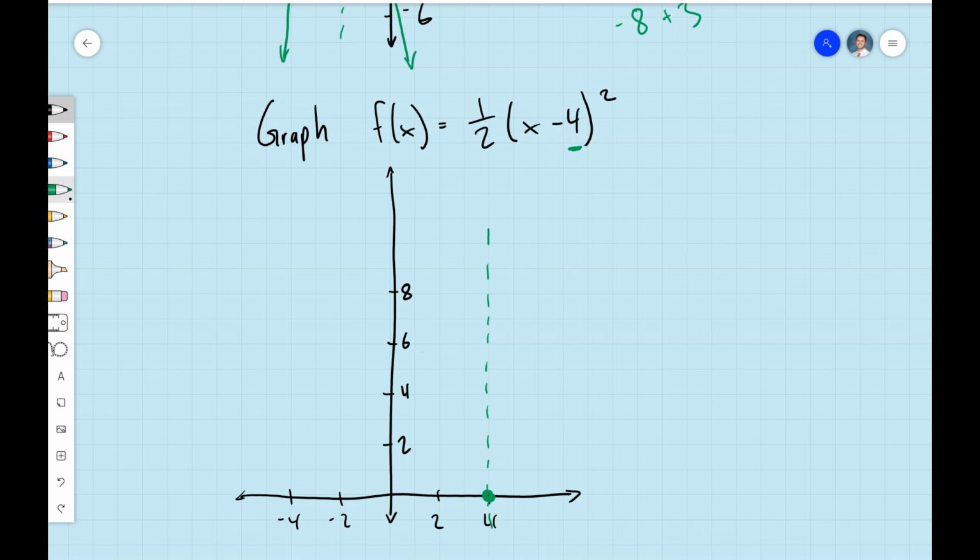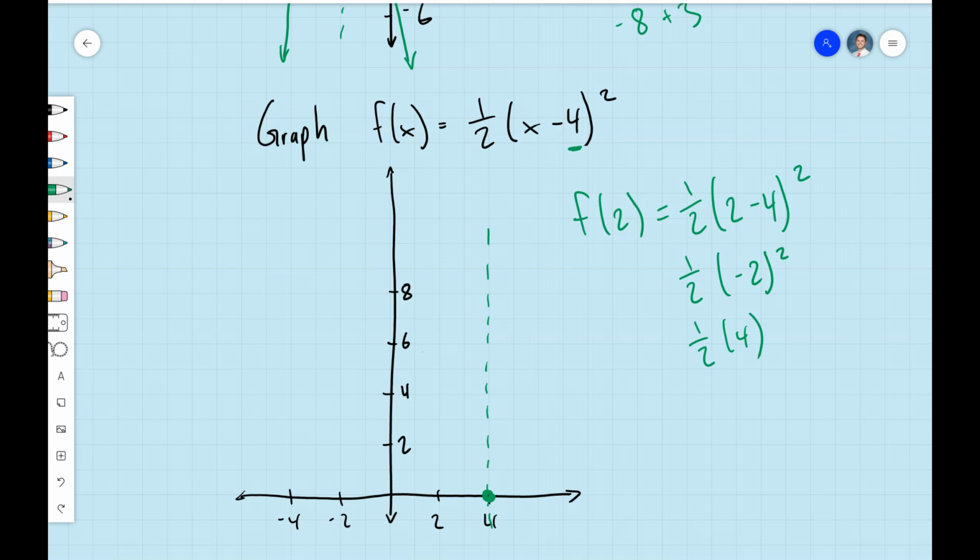So let's start and find f of 2. f of 2 will be 1/2 times 2 minus 4 squared. We know that 2 minus 4 is negative 2. Negative 2 squared is 4. So 1/2 of 4. So when x is 2, f of 2 is 2. So we can plot that point here. And then we can also find f of 0, which will be 1/2 times 0 minus 4 squared.